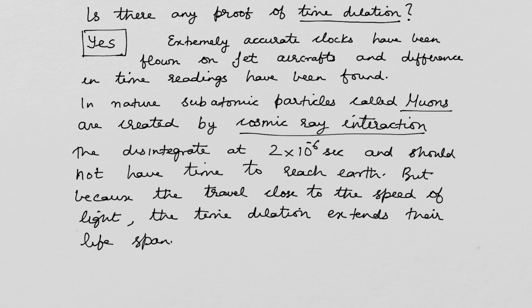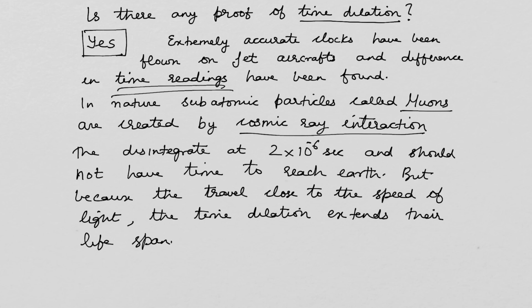Now, is there any proof of time dilation? Yes, there is a proof. In fact, extremely accurate clocks have been flown on jet aircrafts, and the difference in their time readings have been found. There is a difference. Moreover, in nature, subatomic particles called muons are created by cosmic ray interaction.